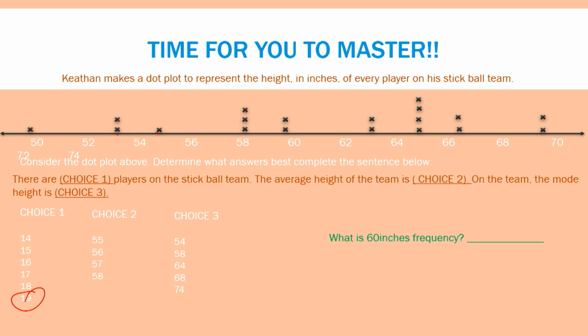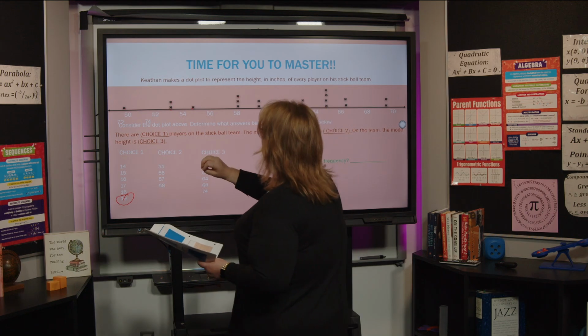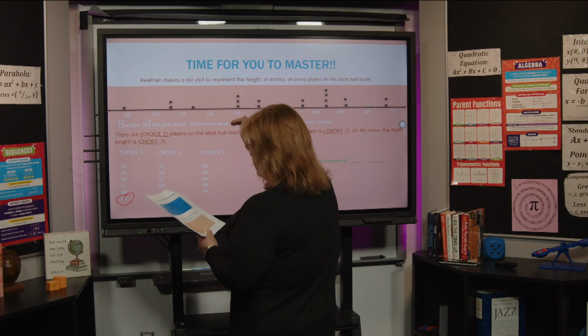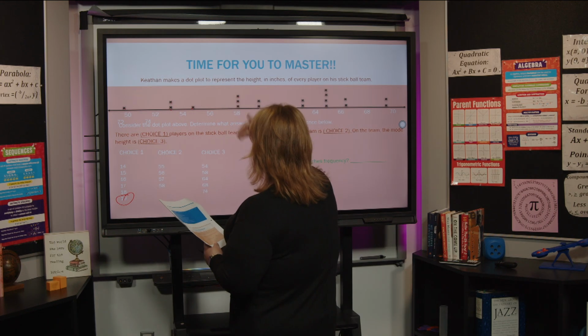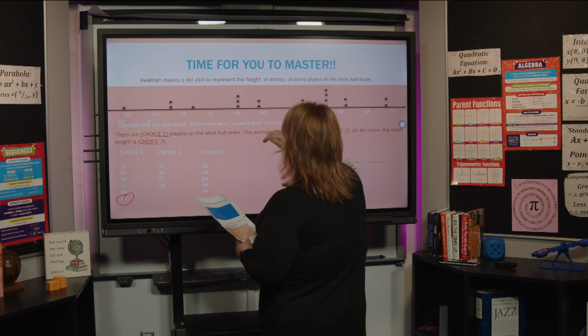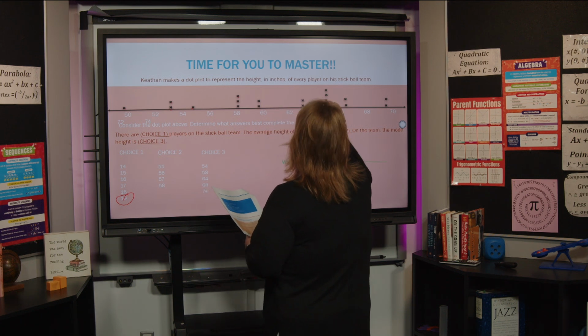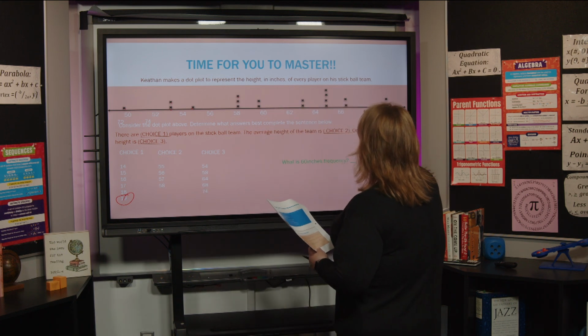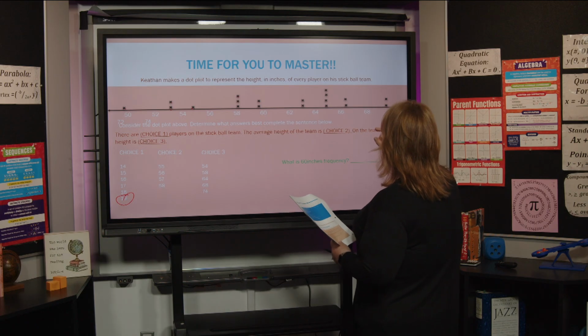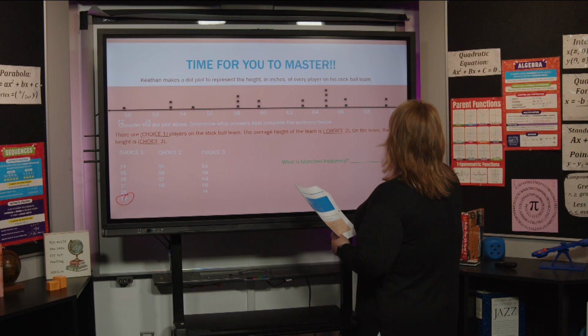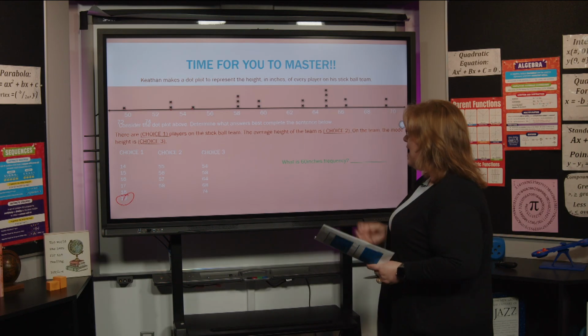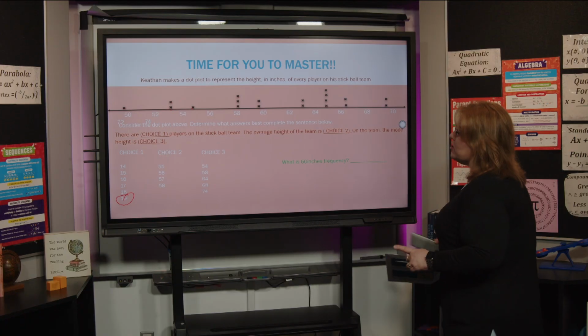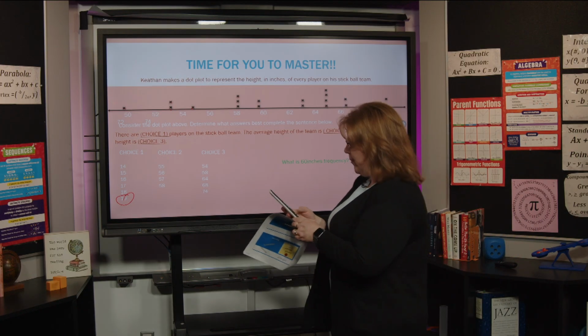So what I'm going to do is add 50 plus 53 plus 53 plus 55, 58, 58, 58, 60, 60, 63, 63, 65, 65, 65, 65, 66, 66, 70, and 70 together, and then I'm going to get that average. So I'm going to do that in real time.